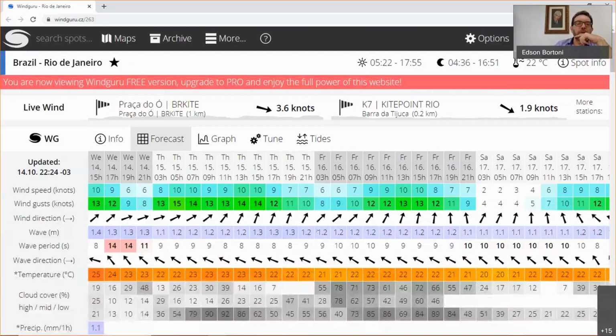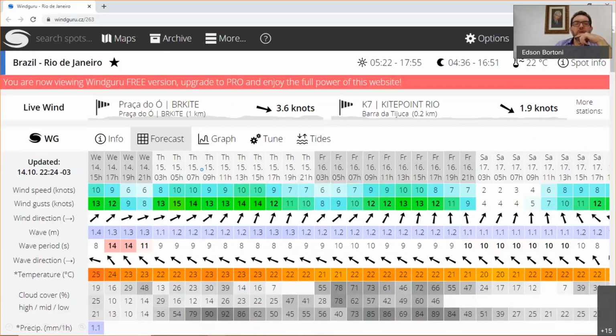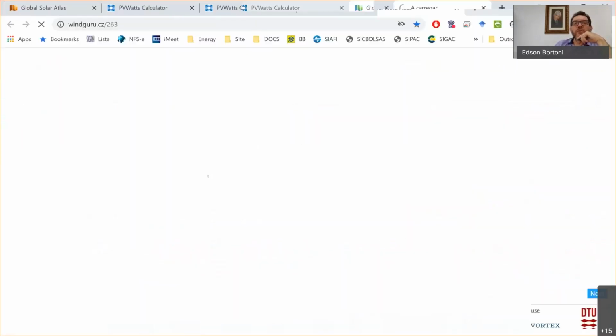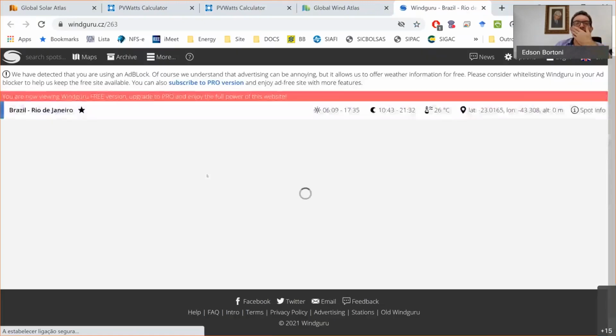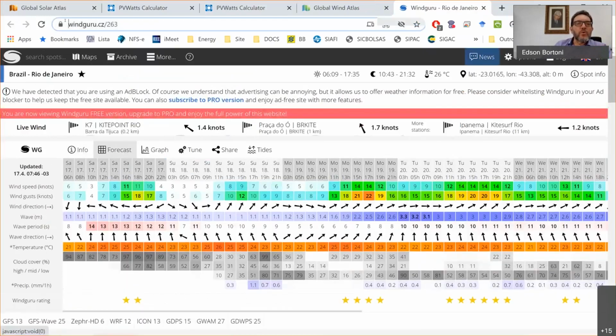And the software available on the internet is Windguru. I will click here, and I will go to the software we have made. This software, Windguru, yes, this is New Zealand.